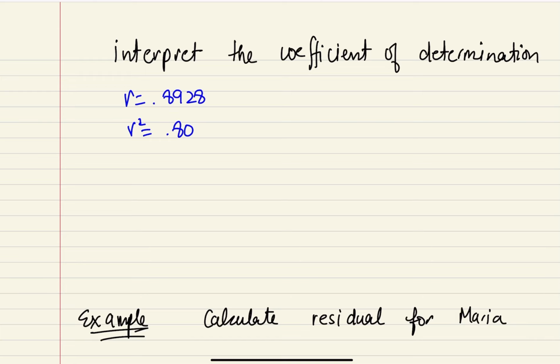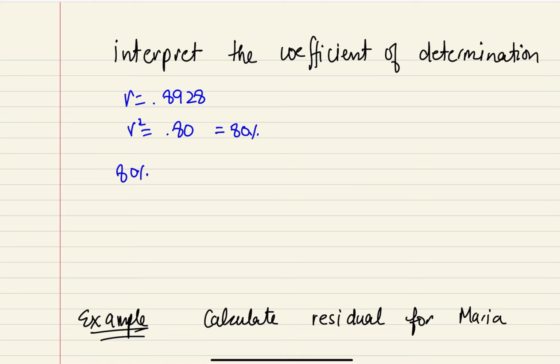R squared is always written in terms of percentage, which is 80%, which means 80% of the variation in the final grade can be explained by the least square regression line that we just calculated. The rest of the variation is due to other factors.